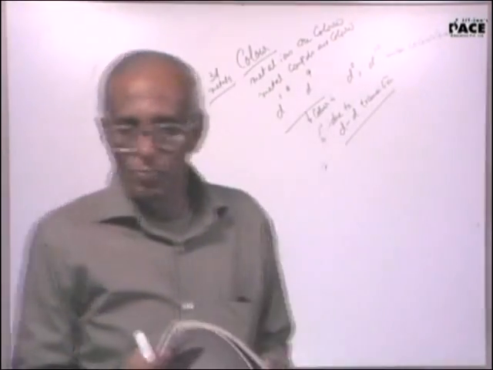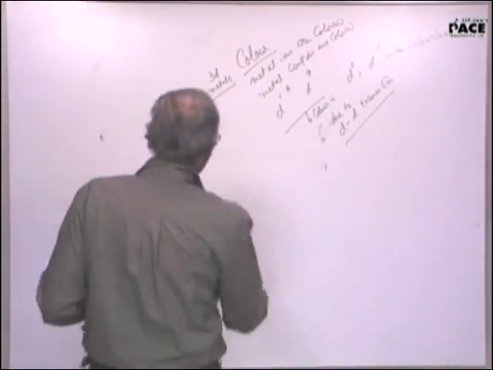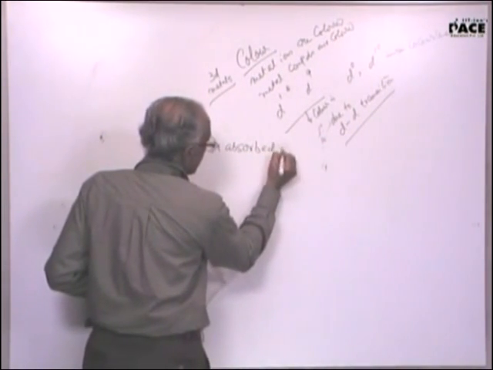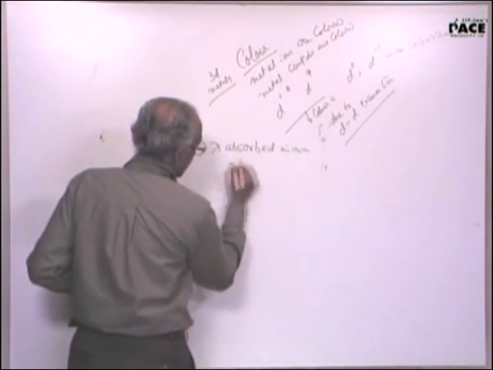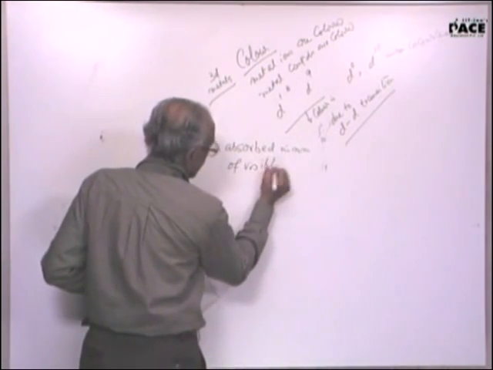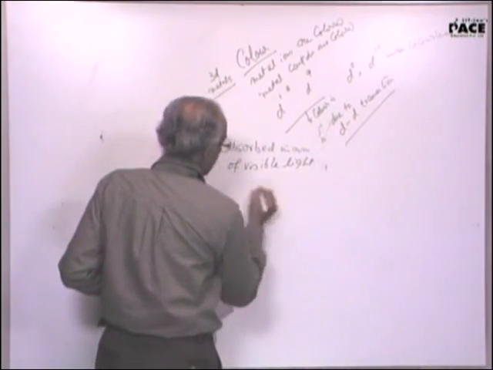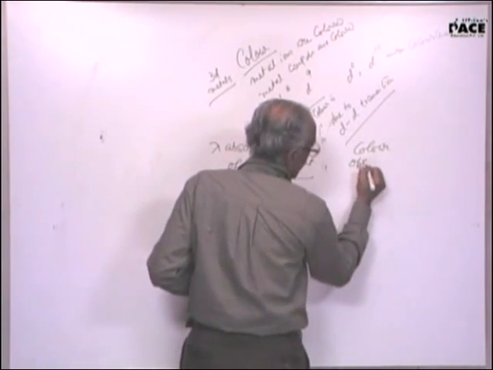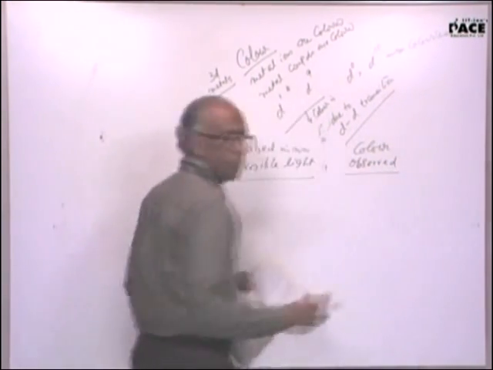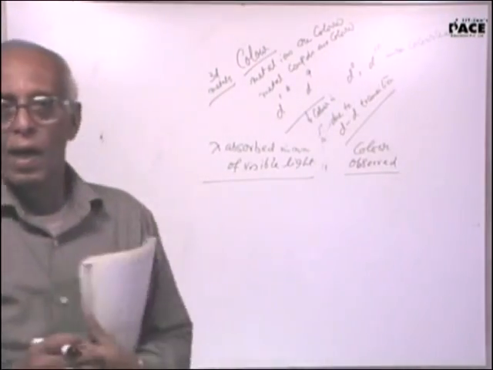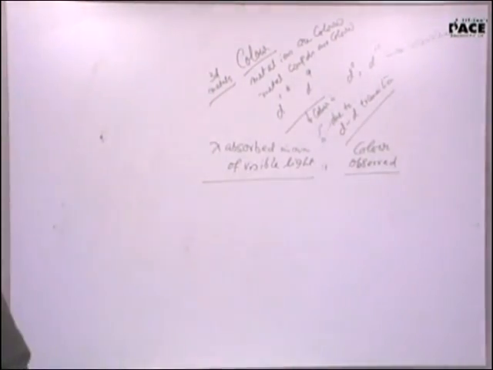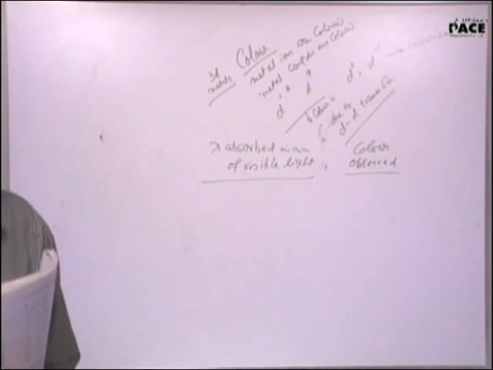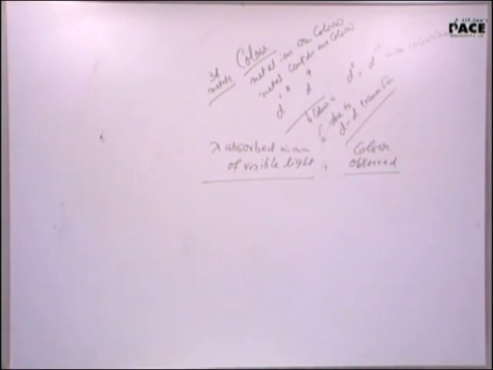Write down quickly. I told you that only a portion of the visible light is absorbed to transfer an electron from lower to higher energy orbital.